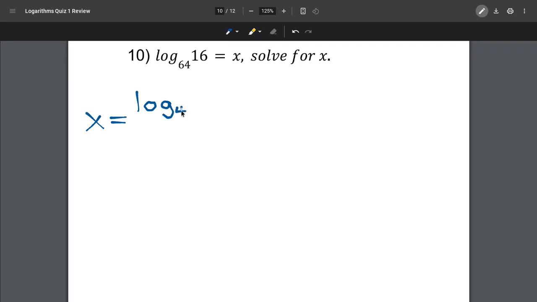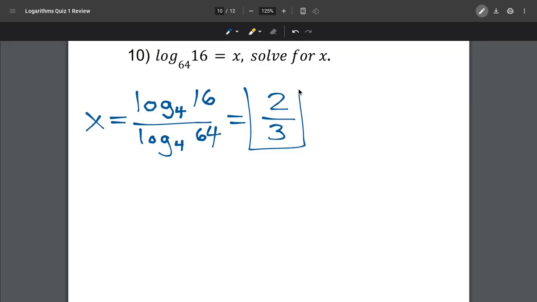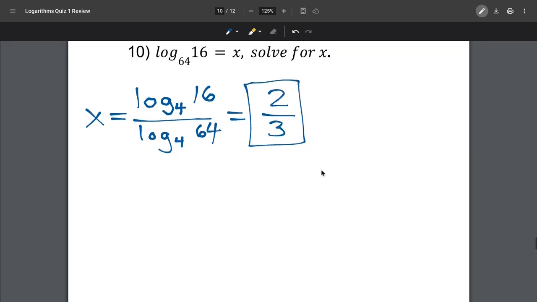So I'm going to say log base 4 of 16 over log base 4 of 64, and then we're going to evaluate. So 4 times 4, 2 4's multiplied together equals 16, so the top is going to be 2. And then 4 times 4 times 4 equals 64, so that's 3 4's multiplied together equals 64. So the bottom is 3, so our solution here is 2/3.